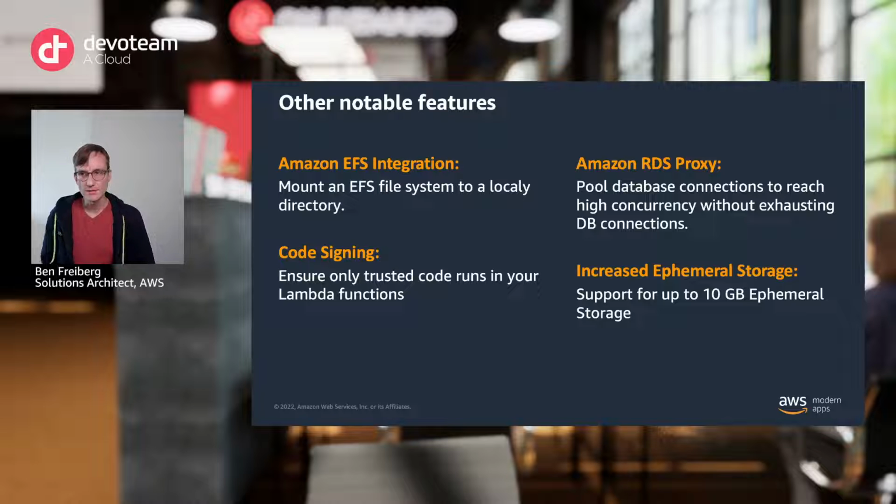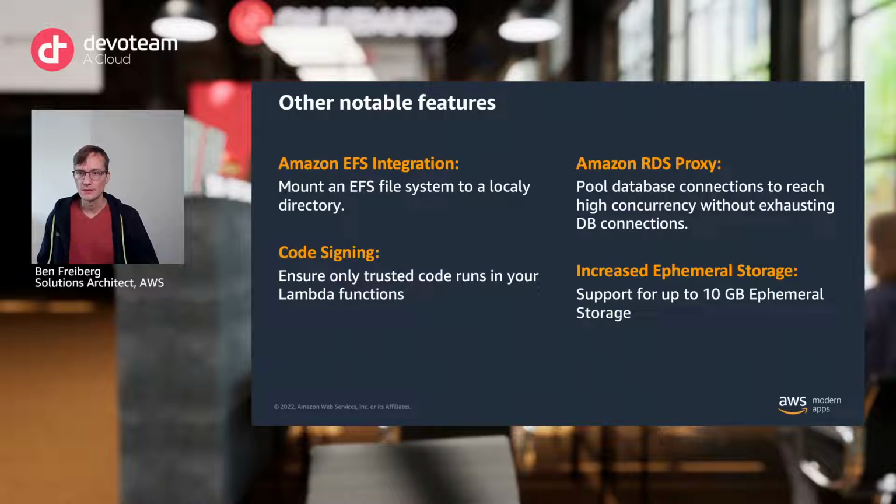One very recent addition to Lambda is the increased ephemeral storage. Previously you were limited to 512 megabytes of local storage, so that's a temp folder. But we've seen customers with data-intensive workloads, for example creating PDF files, ETL jobs or media transcoding, that really require fast, scalable local storage to process large amounts of data quickly.